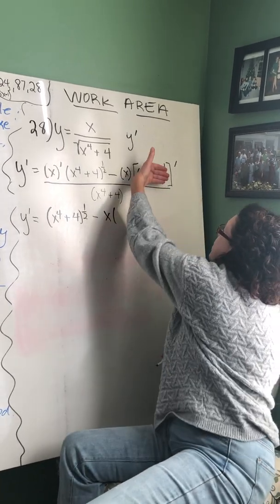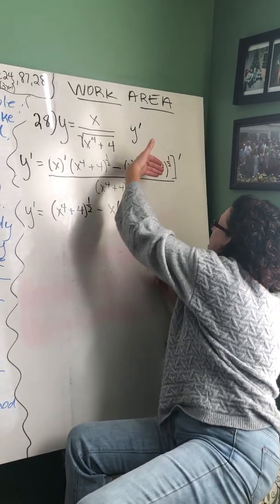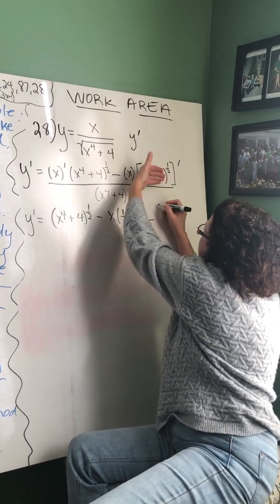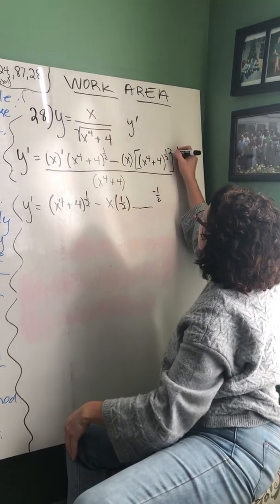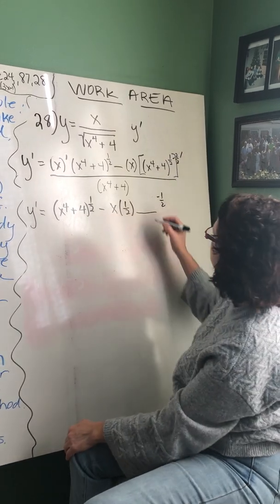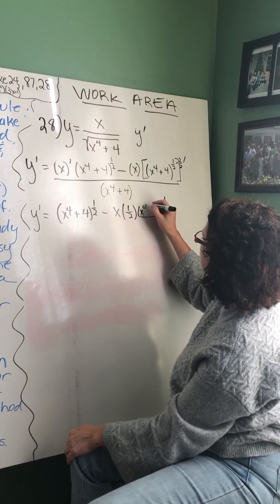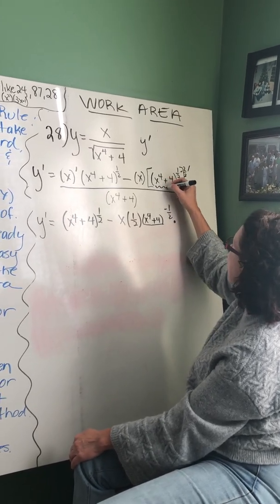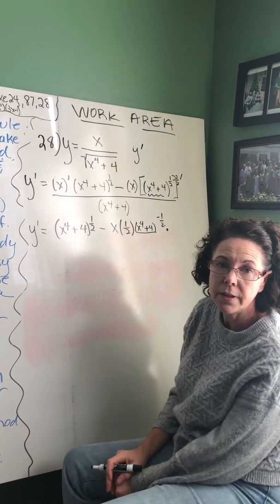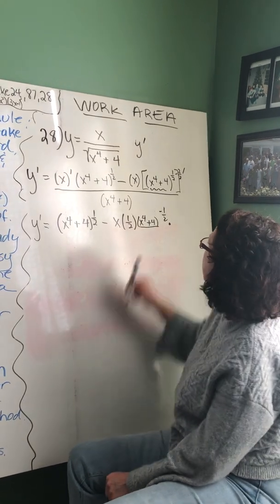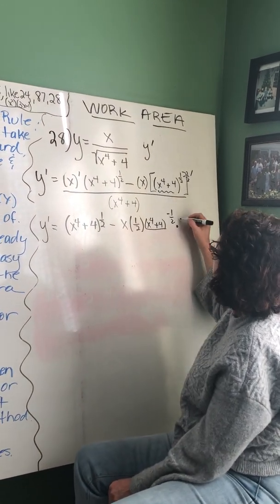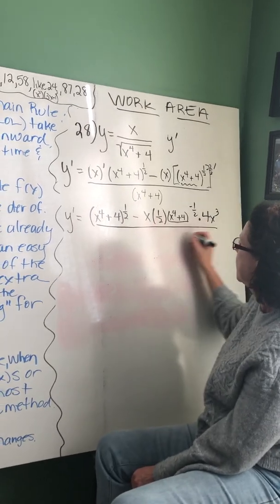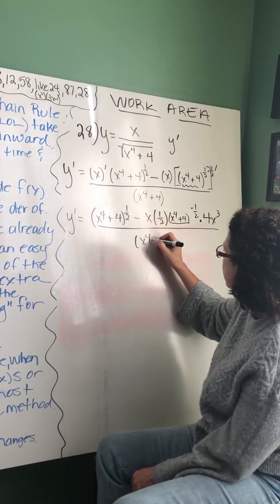The derivative of anything to the 1/2 power is 1/2 times anything to the negative 1/2 power, right? Reduce that exponent by 1. My anything was x to the 4th plus 4. By the chain rule, I'll take the derivative of the inside function, and that is 4x cubed all over x to the 4th plus 4.